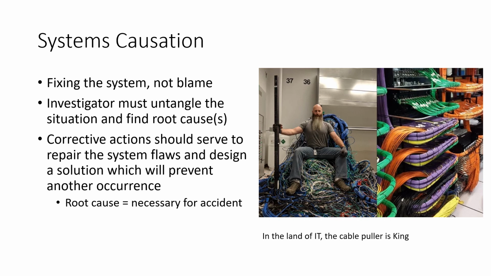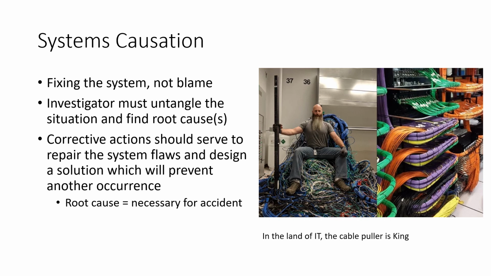As investigators, you have to untangle the situation and find the root cause. The root cause, and we'll get into this a little bit more later, the easiest way to understand it is the one cause that if it did not occur, the event or error or whatever is impossible to occur.